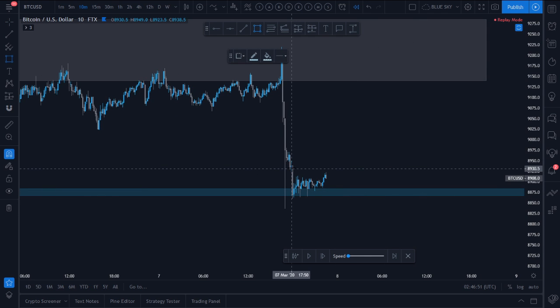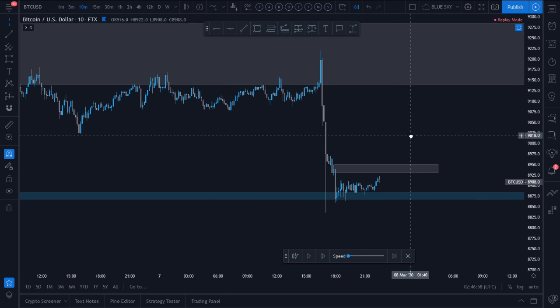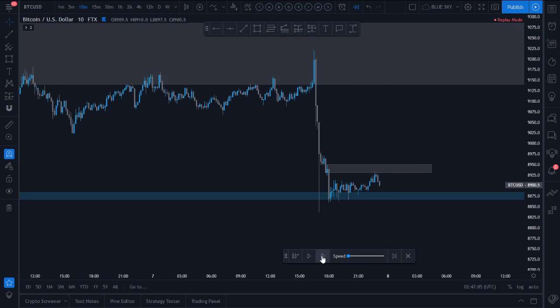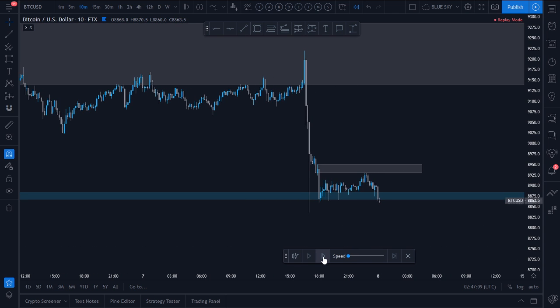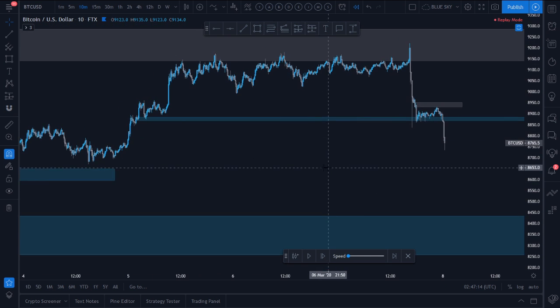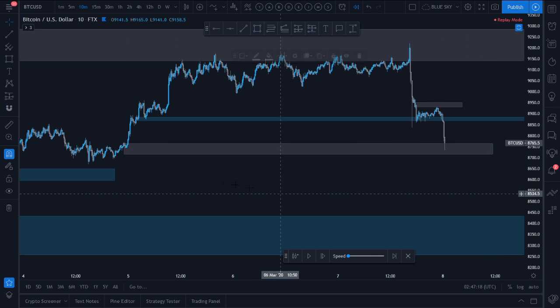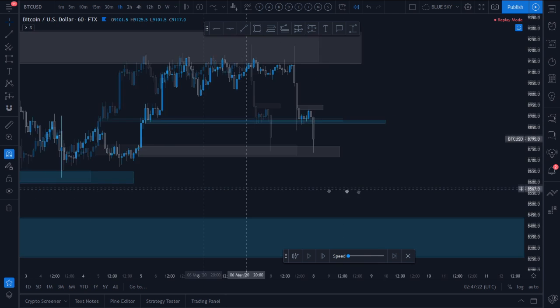Of course, we have supply here, supply zone, drop, base, drop, base, drop. So rejected, it didn't even go into that. And then yeah, we have supply, a demand here.